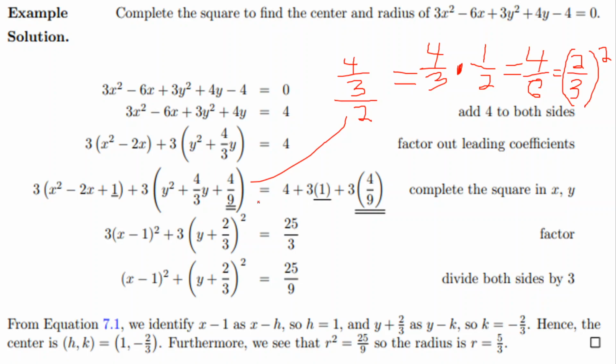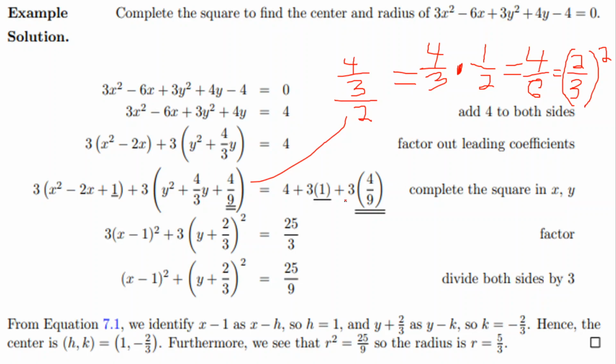Is equal to, again, since we are adding here, we add on the other side too. But sir, what about the 3? Okay, remember, 1 times 3. Okay, we include the 3, because the original equation includes the 3. So, what happens, 4 plus 3 times 1. Okay? That is why we added it.